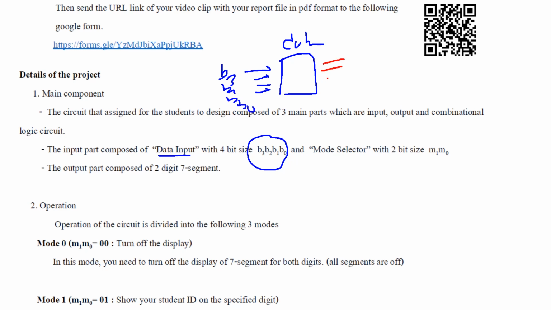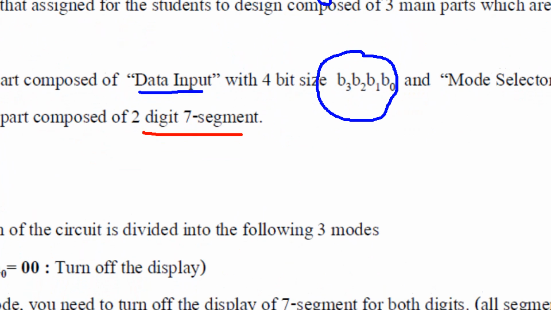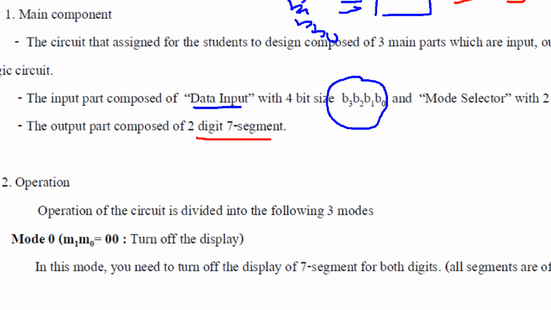The output of the circuit goes to 7 segment displays. Use 2 digits of 7 segment. And there are 3 modes that you must design.